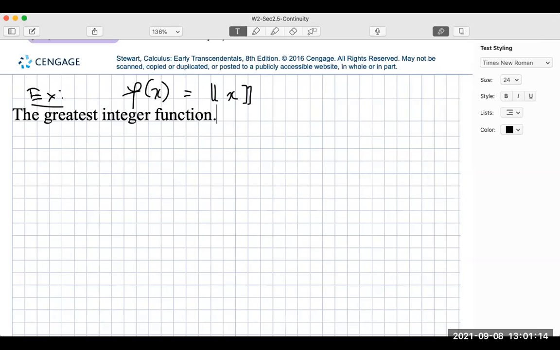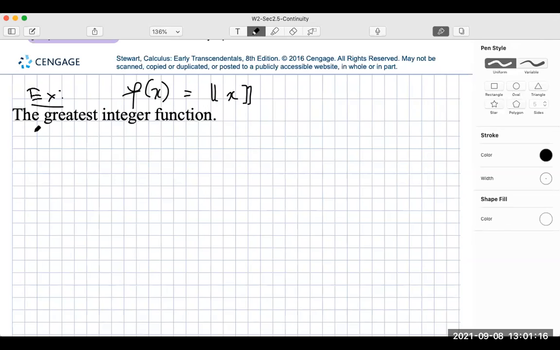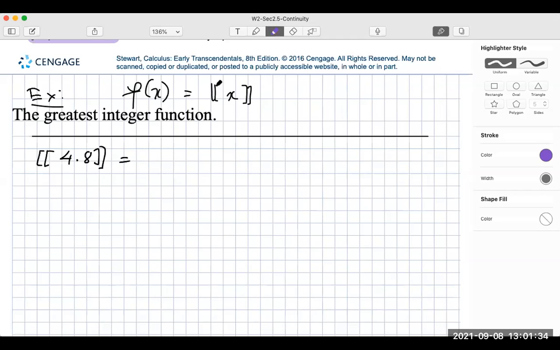It returns the value like this. For example, if we consider 4.8, this operator will return the greatest integer that is smaller than this value. And what is it in this case? 4. Okay, just a definition.